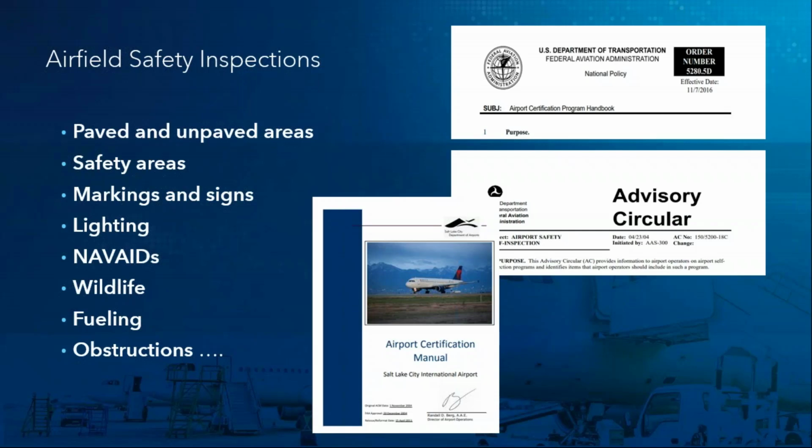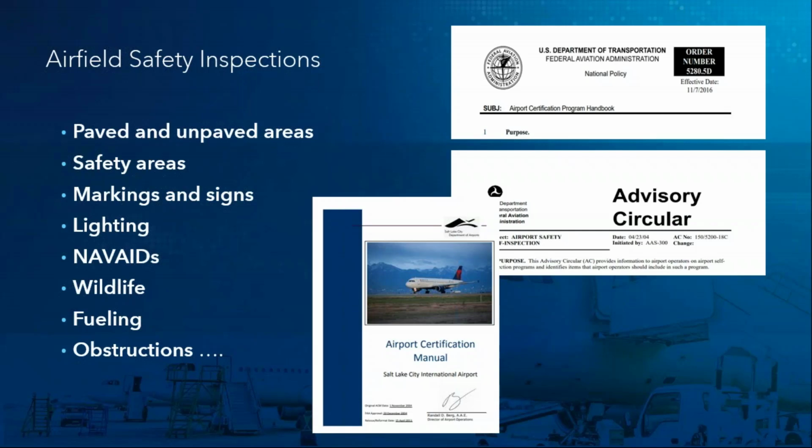Historically, many airports have used paper processes to document these inspections, and they really had difficulty turning those paper records into the type of documentation required for FAA certification. Another issue revolved around how to turn an issue found on the airfield into a work order in a timely manner.